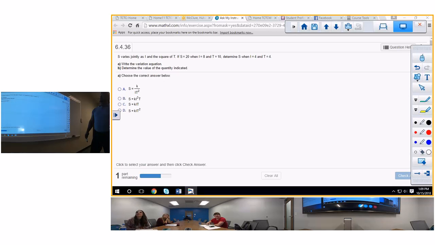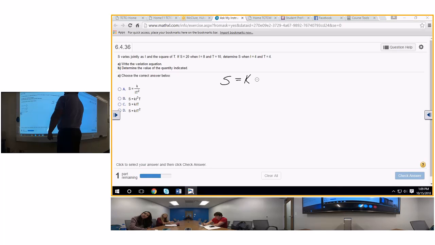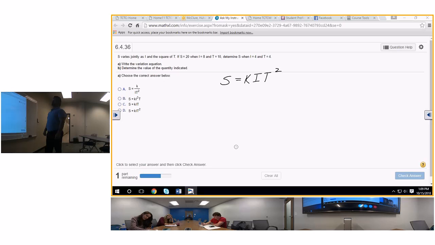All right. So S varies jointly as I and the square of T. You could read that as I and T being squared, but right here is where they cut it off.